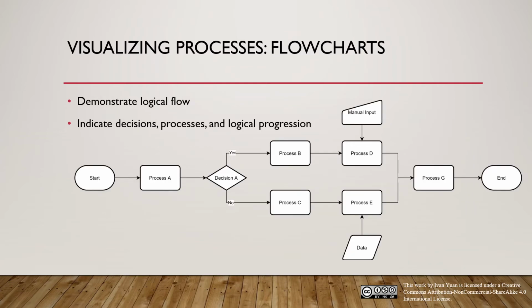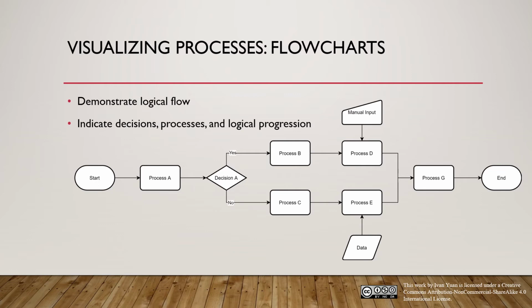The next method of visualizing processes is through flowcharts. So, what flowcharts do is they demonstrate logical flow, and it is really useful when you have really complicated processes that involve many decisions. And you can indicate logical progression in different ways.